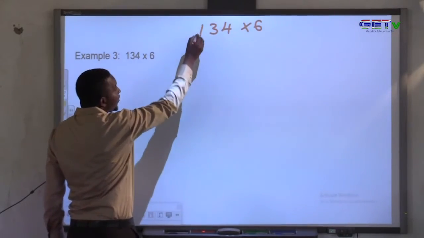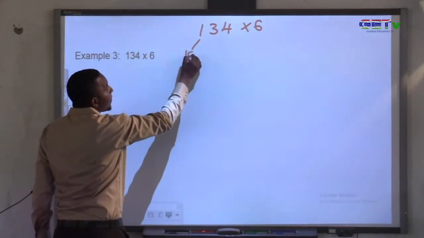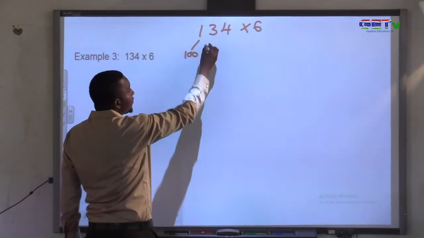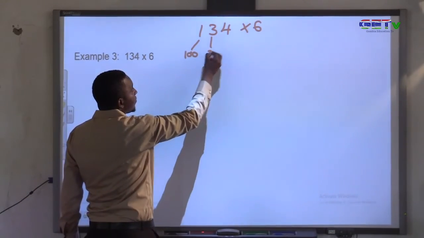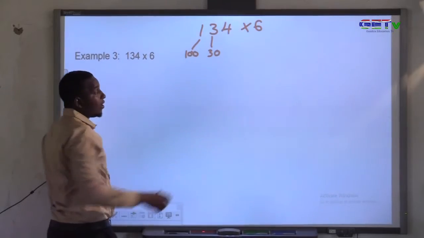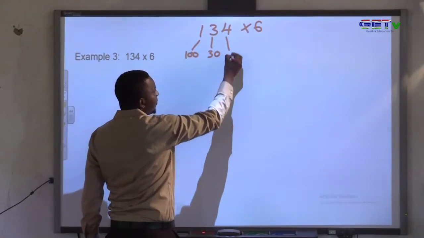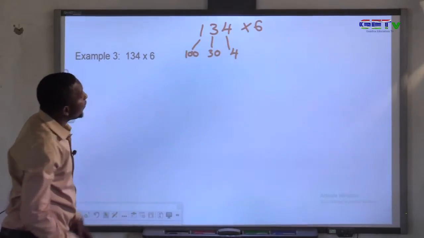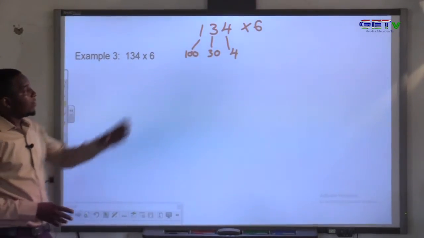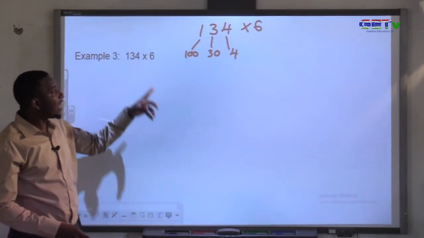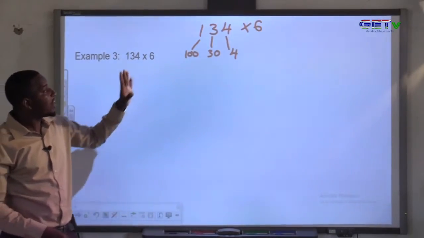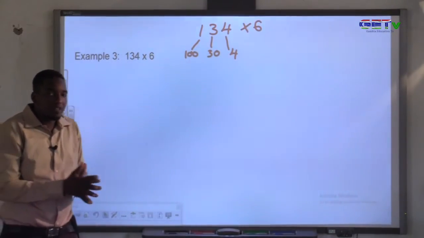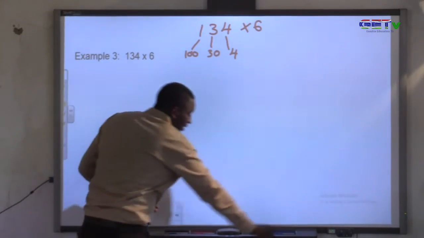So the value of 1 there is 100. The value of 3 is 30. And the value of 4 is just 4. So again, we are going to multiply 6 by the value of each digit and sum everything up. That will give us our final answer.